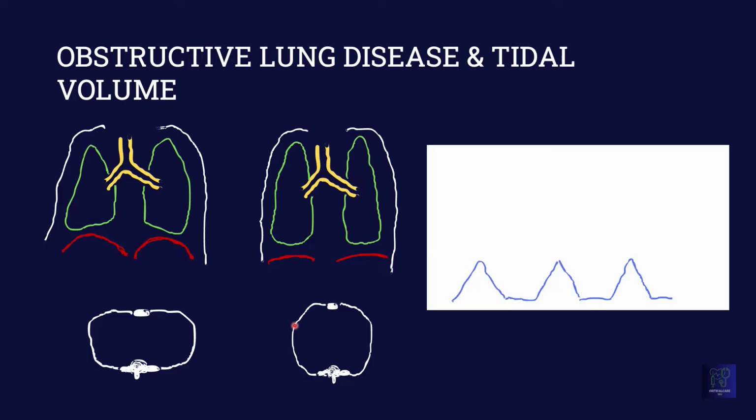Now take this example. The upstroke here is inhalation and the downstroke is exhalation. With normal airways, a person is able to completely exhale the air, and there is enough time before the next breath starts. However, in a patient with COPD, they need more time to exhale.